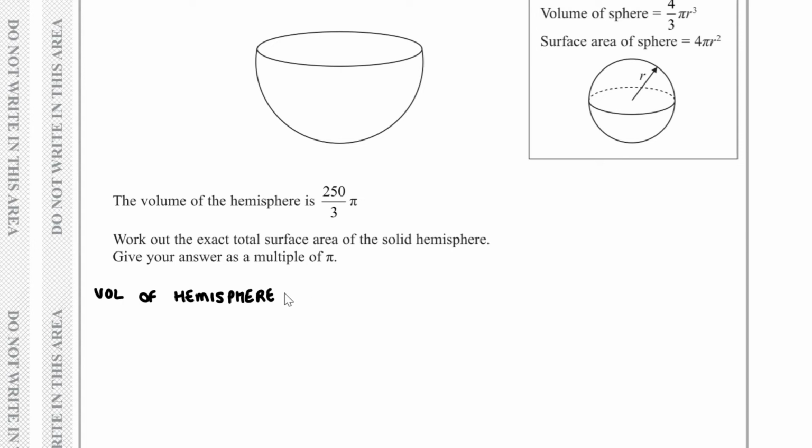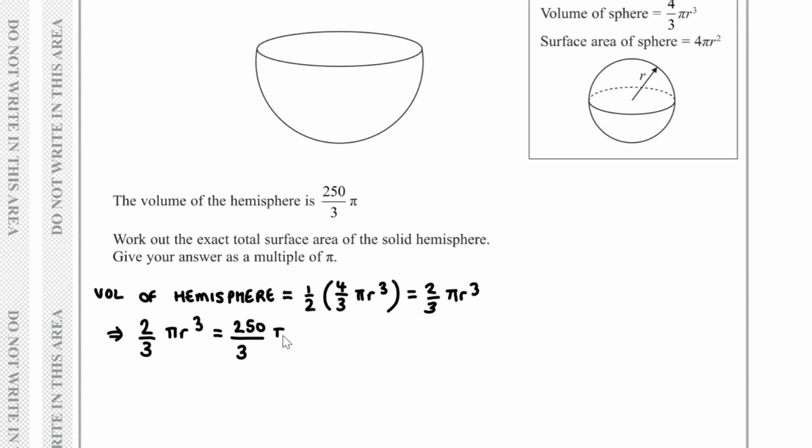So the volume of the hemisphere is 1/2 lots of 4/3 pi r cubed. If we work this out, we have 2/3 pi r cubed. And we know that this 2/3 pi r cubed is equal to 250/3 pi.